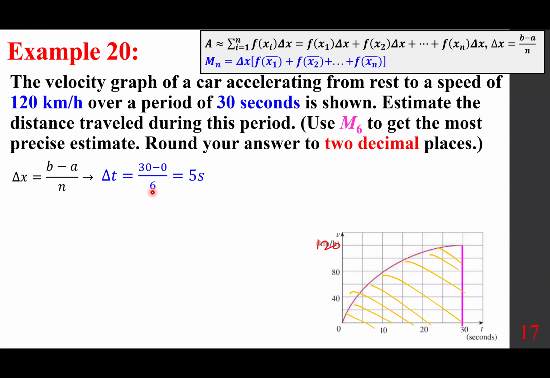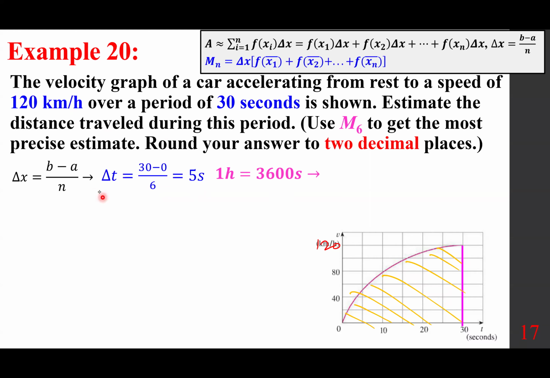Now, as far as the units, before we move on, this is 120 kilometers per hour. So we have to make this change so that both of them are either per second, or we change the seconds to hours. 5 seconds. We know 1 hour is 3,600 seconds, 6 times 60.